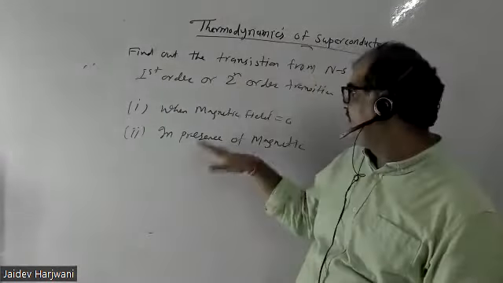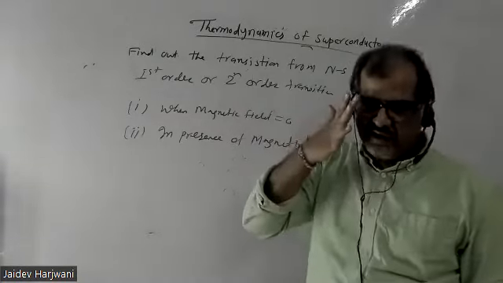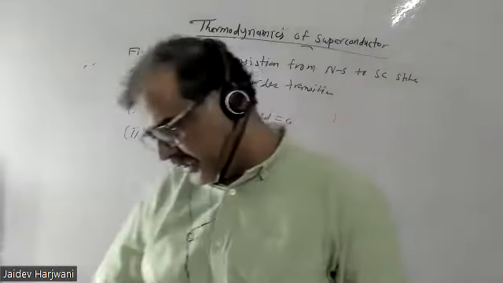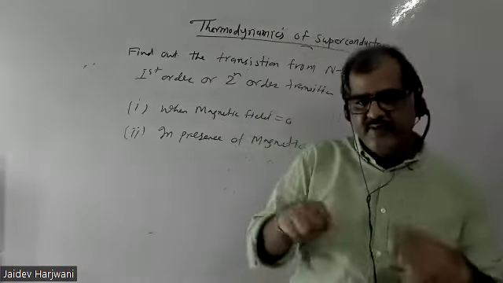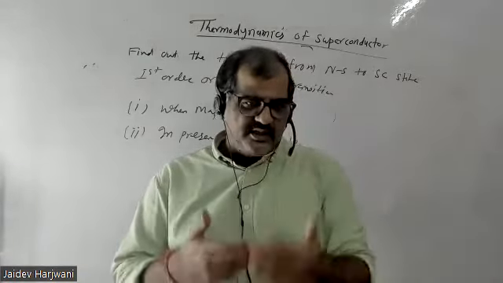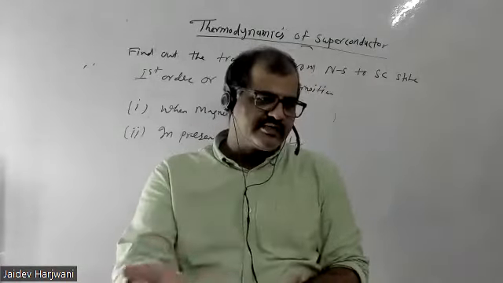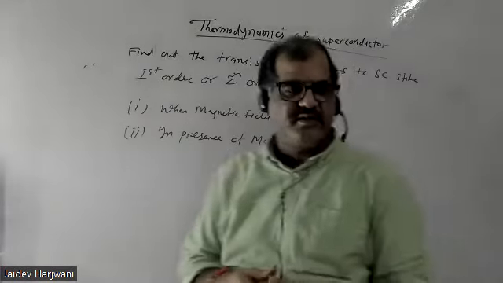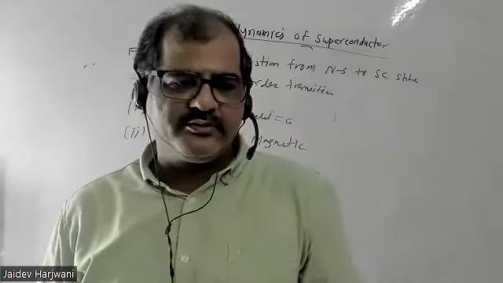Whatever equations we have written here, by seeing those equations you can interpret it. Because you know, if dG by dT is discontinuous, then it is first order. If d2G by dT2 is discontinuous, then it is second order. Now you have to check whether the first order derivative or the second order derivative is discontinuous in both cases, and from there you can say which one is a first order transition and which is a second order transition. I hope my question is clear to you.